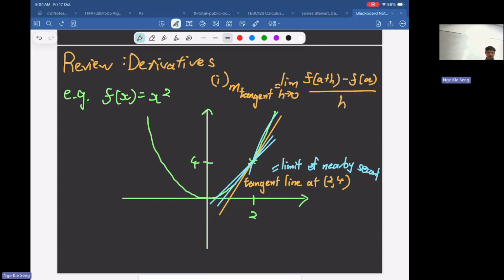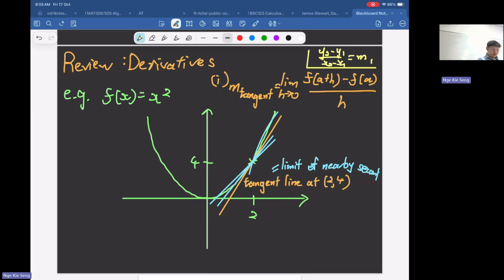I think you need to remember the gradient formula from high school, which is (y2 minus y1) over (x2 minus x1) equals m. So now we are putting a limit on both sides. So this is one way to see a derivative.